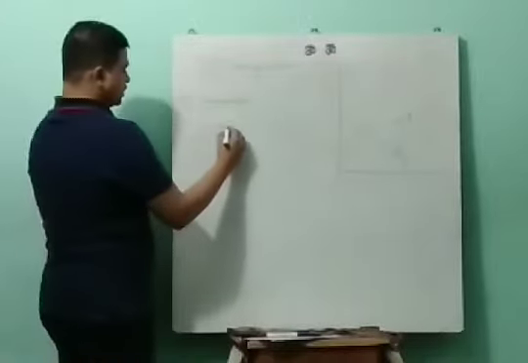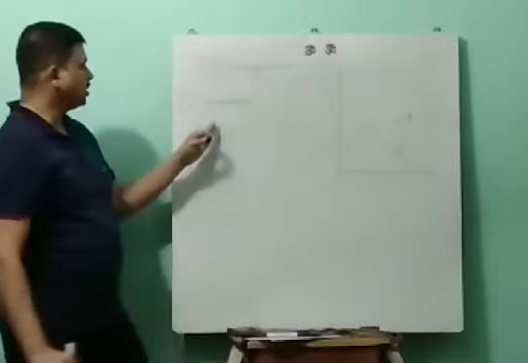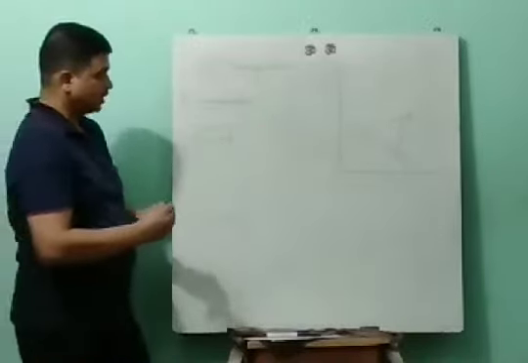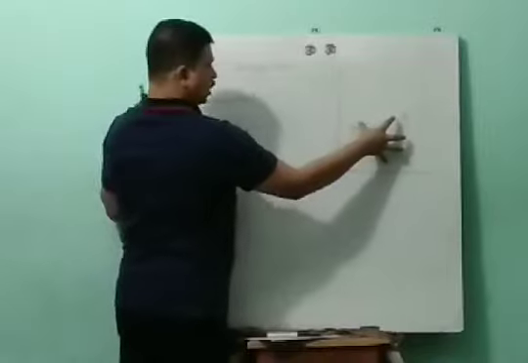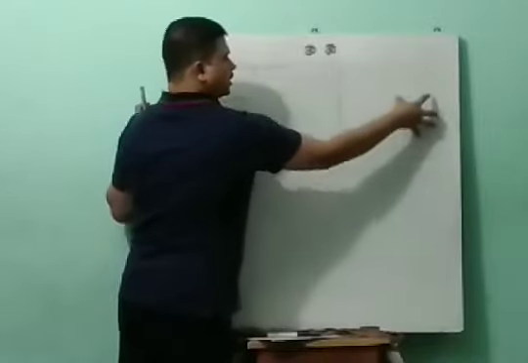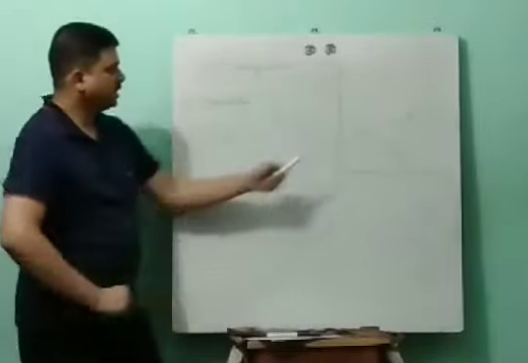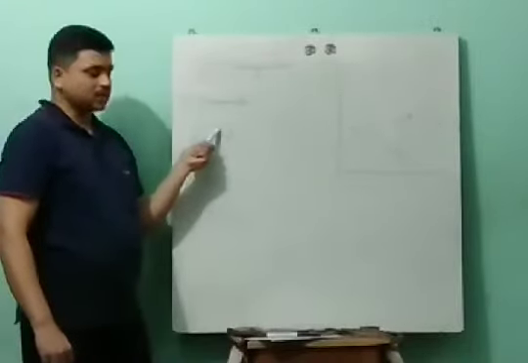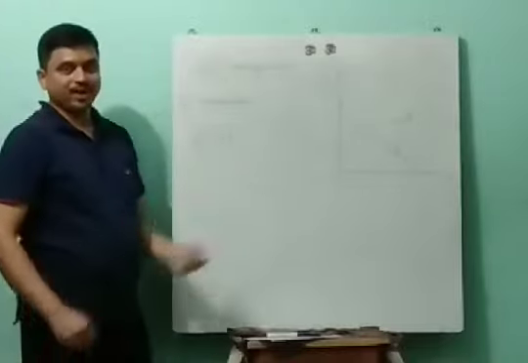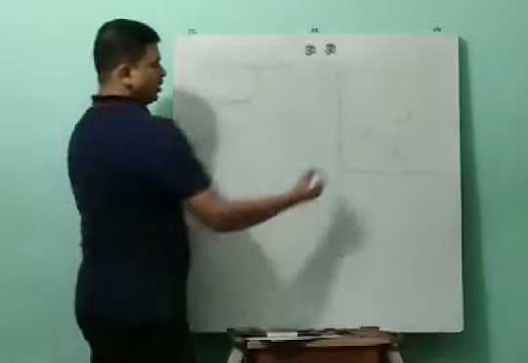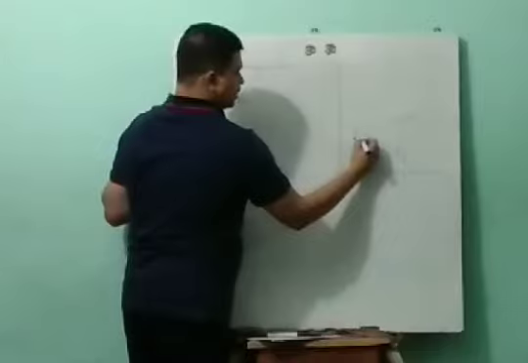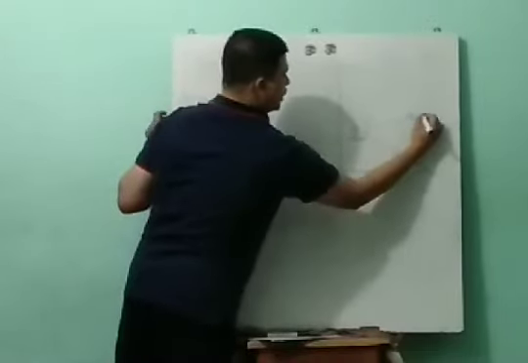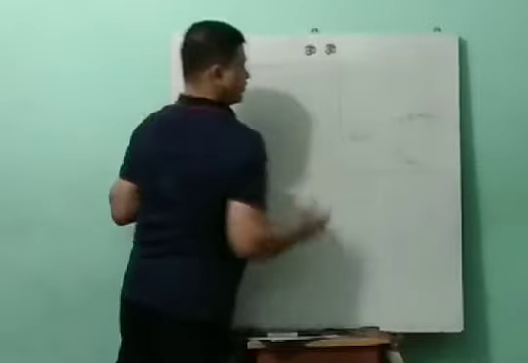We will consider the same translation vector, 2 units in x direction, 3 units in y direction. So consider this entire triangle moving 2 units in x direction, 3 units in y direction. That means each point has to be translated 2 units in x direction, 3 units in y direction. So here we can consider x1, y1, x2, y2, and here x3, y3.